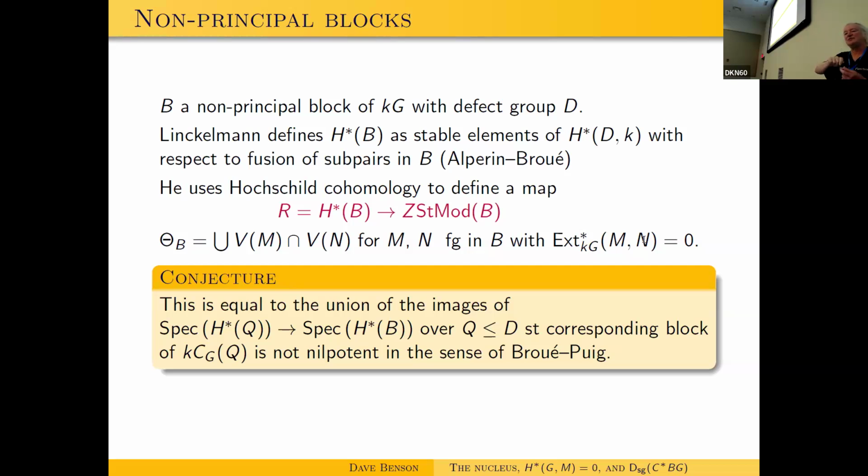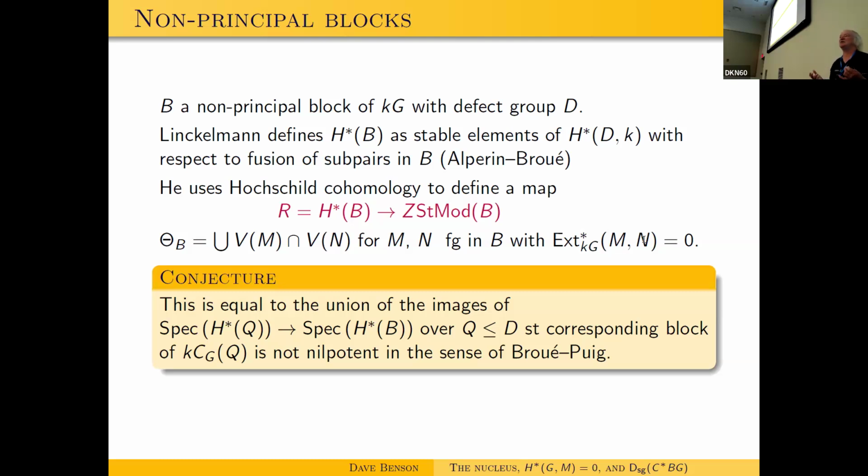You have to take the corresponding block of the centraliser and then ask whether it's nilpotent in the sense of Broué and Puig, which is equivalent to it being really the representation theory of a p-group. And so unfortunately, in order to understand the conjecture, you have to understand Alperin-Broué and you have to understand Broué-Puig.